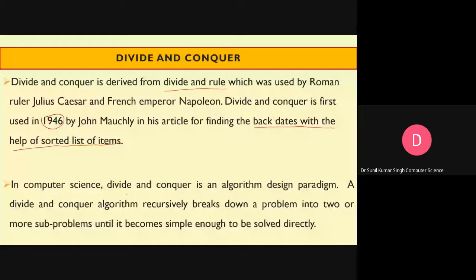A divide and conquer algorithm recursively breaks down a problem into two or more subproblems until it becomes simple enough to be solved directly. This is important for us. We divide the problem into sub problems until we are able to solve it very easily.